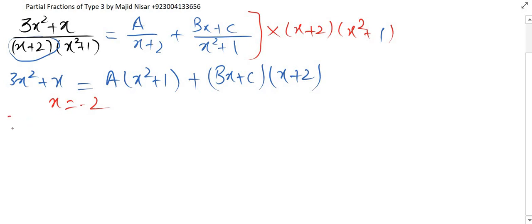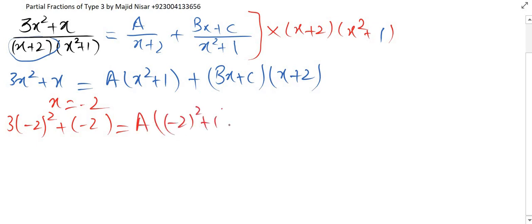So we will have 3 times minus 2 squared plus minus 2, and A times (minus 2 squared plus 1). Now this whole next expression will be 0, because minus 2 plus 2 is 0, and 0 multiplied by anything is 0. So what will be the remaining expression?